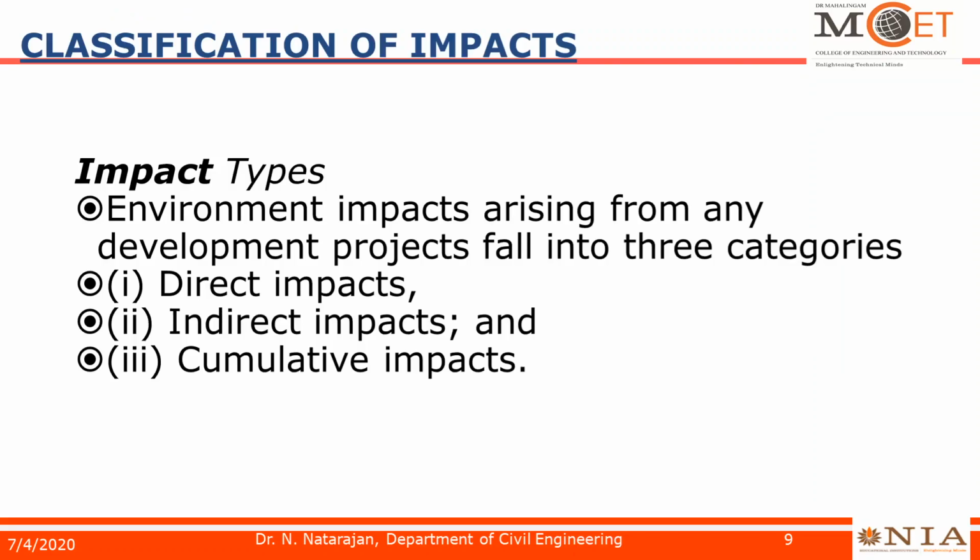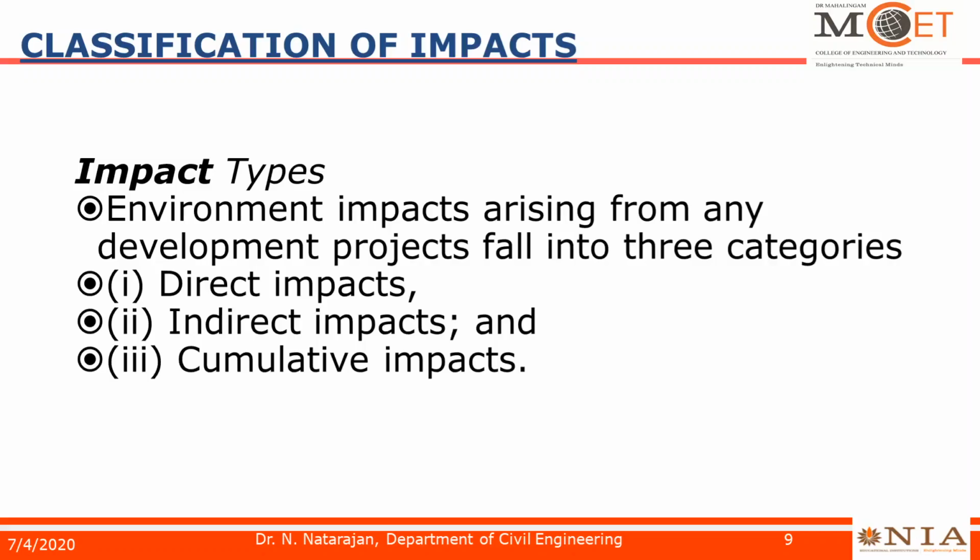So there are different types of impacts, right? Environmental impact arising from any development project falls into three different categories. One is direct impacts, second is indirect impacts, and third is cumulative impacts. Direct impact is an impact that is immediately perceived.